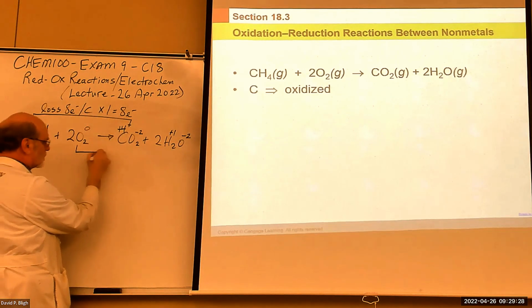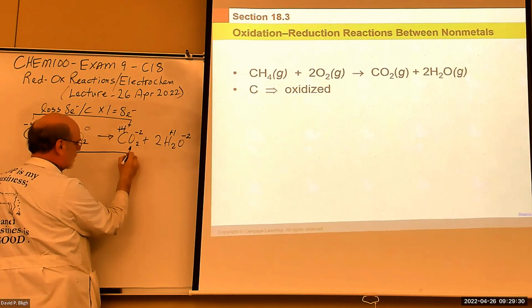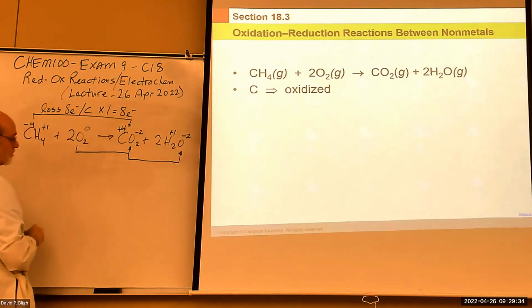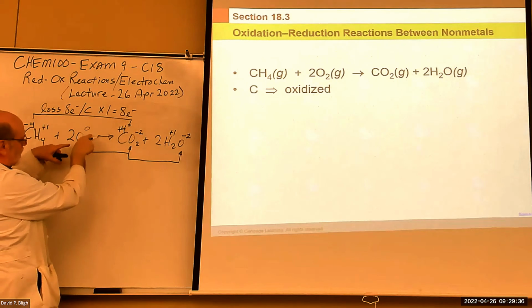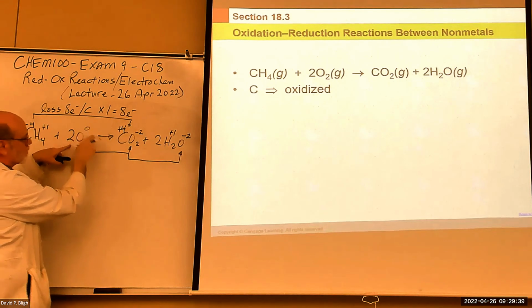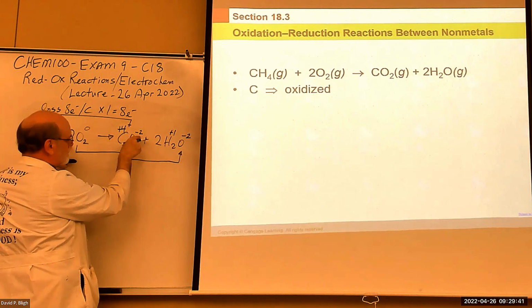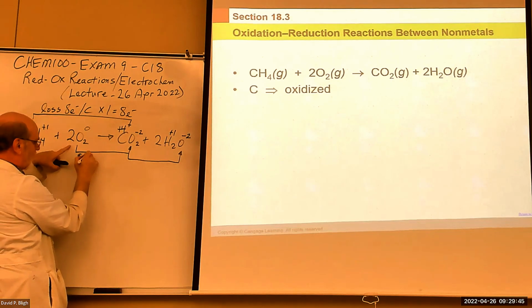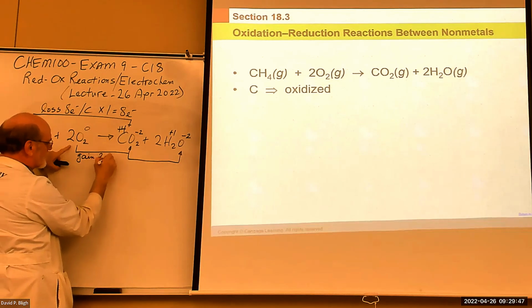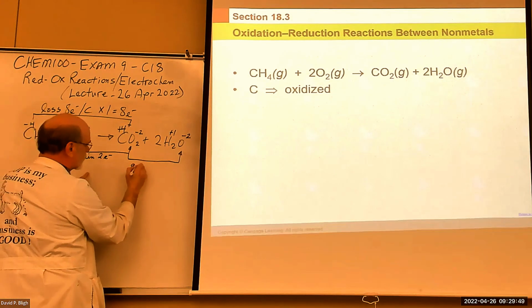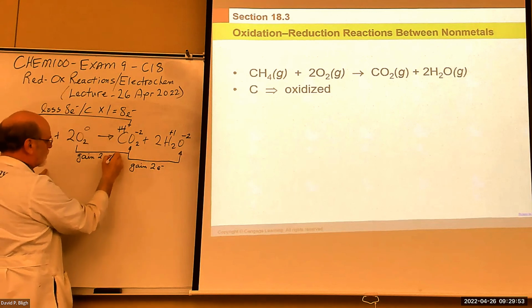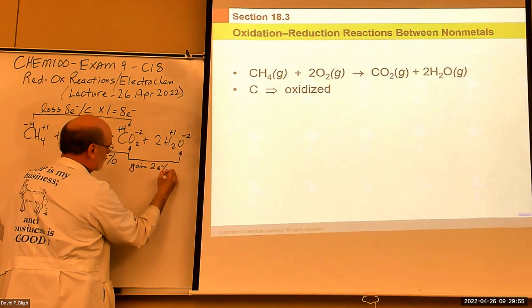So to go from 0 to -2 would be gain 2 electrons, and here you would also gain 2 electrons per oxygen.